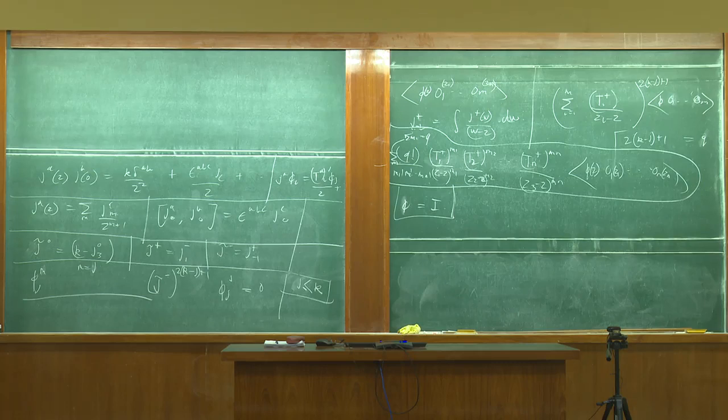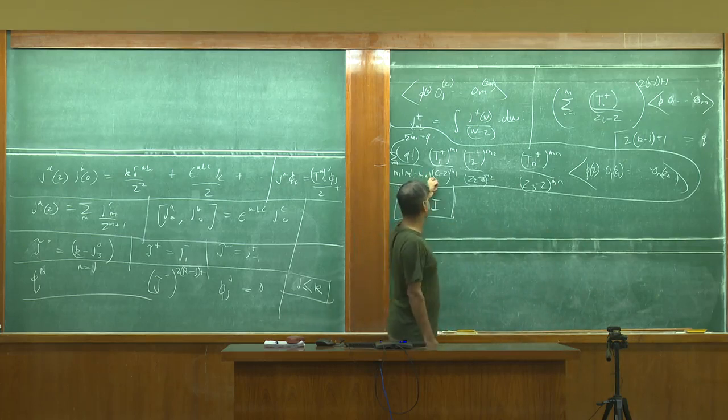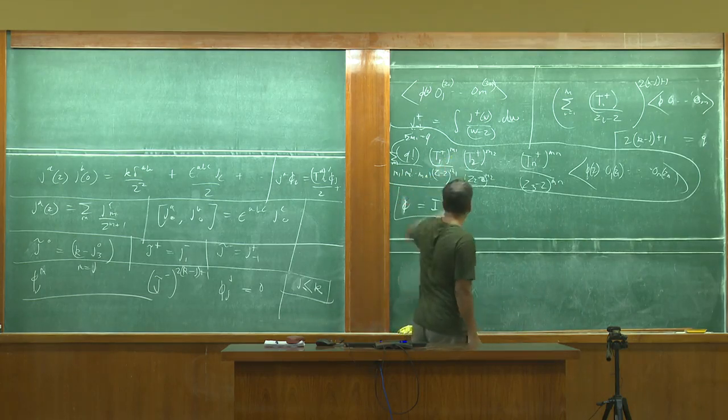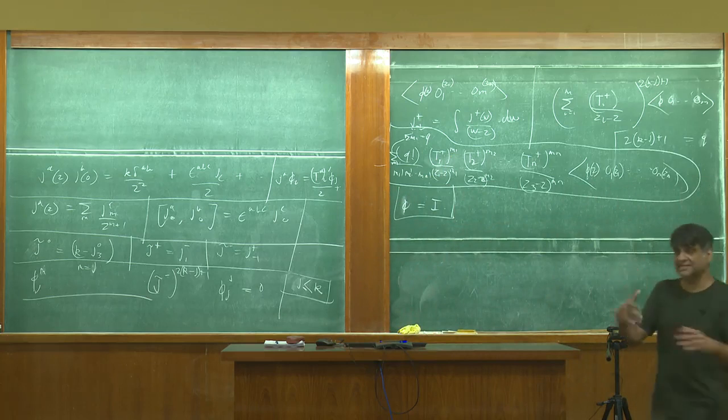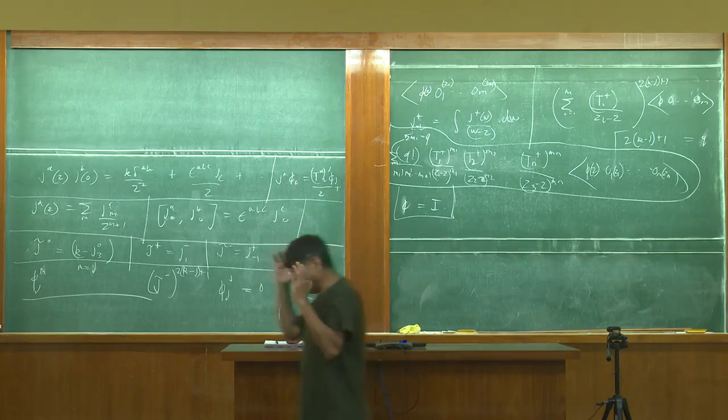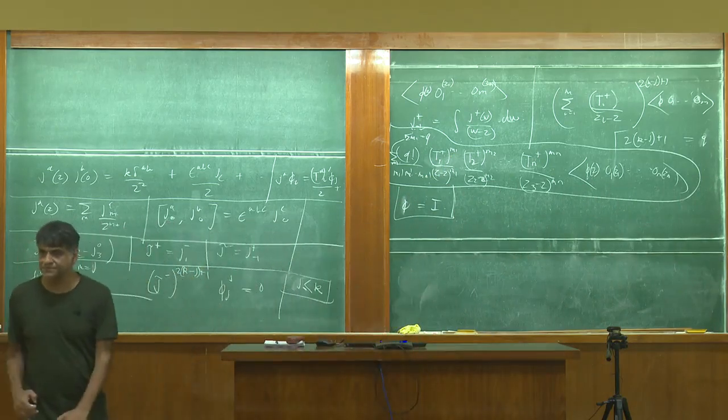In particular, I want to argue that if this is true, it must be true term by term. Let me tell you exactly what I want to argue: the term where m1 is equal to q, and all the other m's are 0, independently annihilates the correlator.